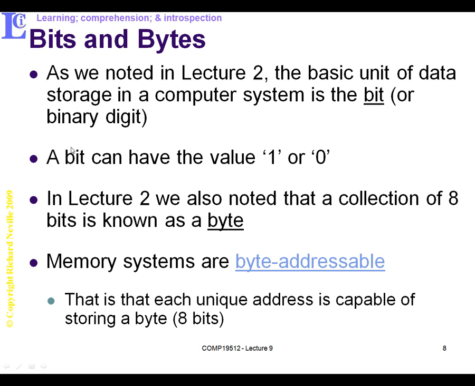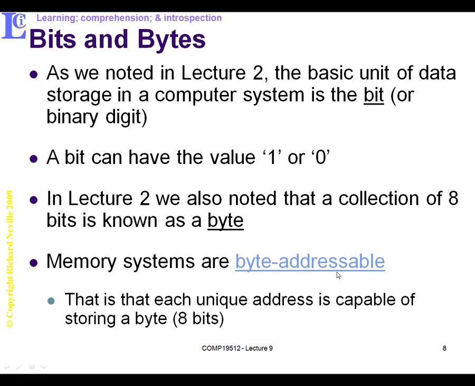We also said to get more information we need to cluster these bits together, maybe call that a collection of them, and then when we name these, the correct naming convention for these 8 bits, this is termed a byte. Now we're starting to see where this terminology byte addressable comes from. So let's try and imply what this means.